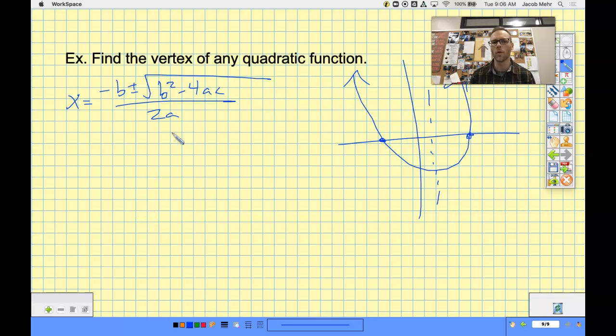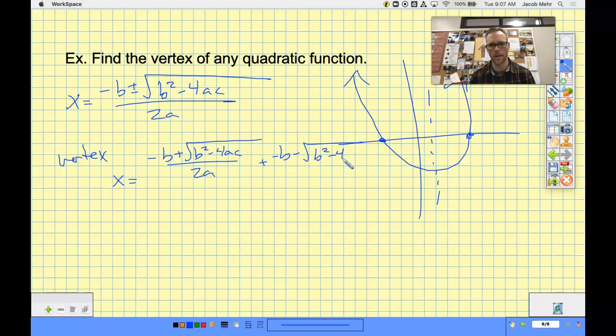And I said, what's halfway between those two x-intercepts? So our vertex is -b plus the square root of b squared minus 4ac over 2a plus -b minus the square root of b squared minus 4ac over 2a, all over 2, right? Halfway between 2 points is the average. Add them up and divide them by 2.